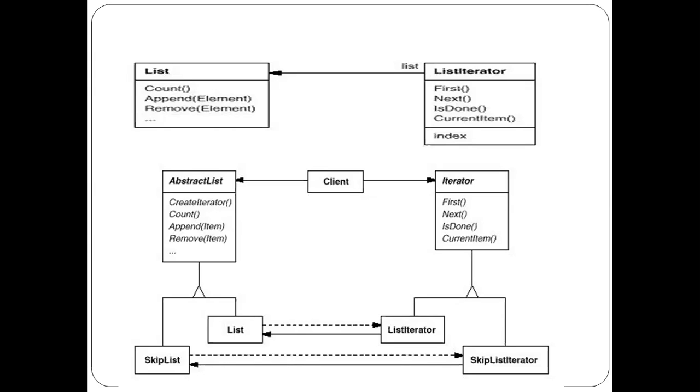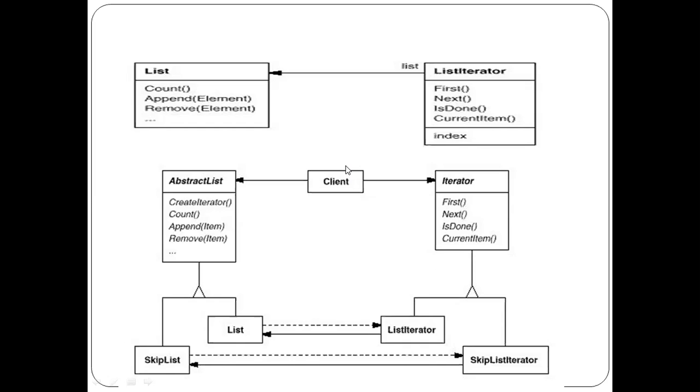This is how iterator solves the problem of accessing the elements of an aggregate object without knowing how the list is formed and how the skip list is formed. It knows only first, next, and the other operations, without knowing in detail the representation of the list or the skip list.